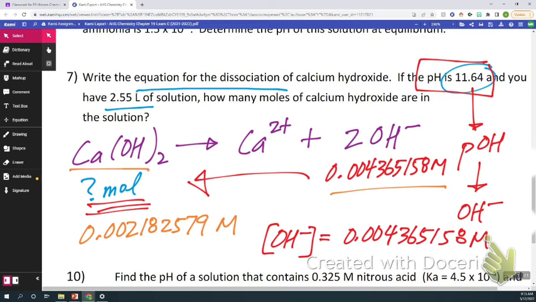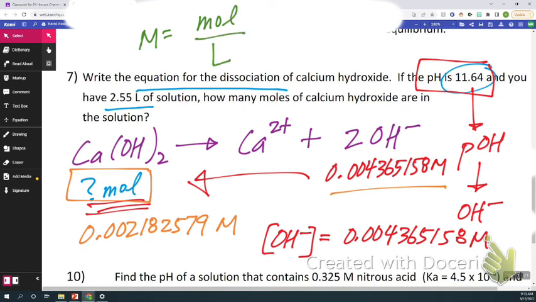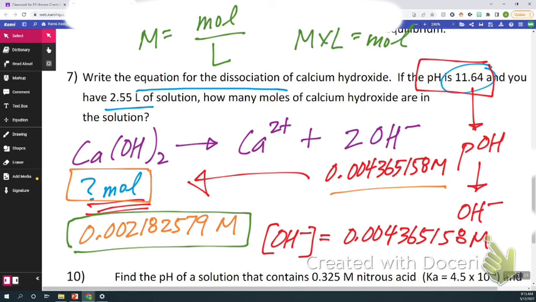They want to know moles, though. Molarity equals moles over liter. So molarity times liter equals moles. So this times 2.55, that's in the problem, 2.55 liters will give you moles.